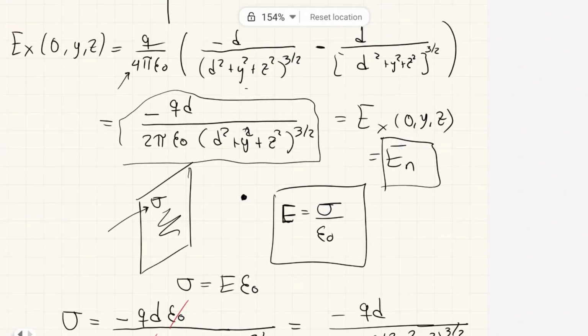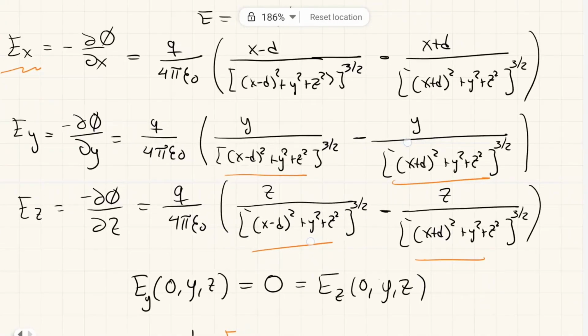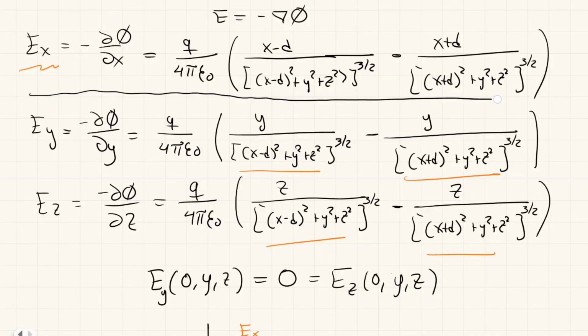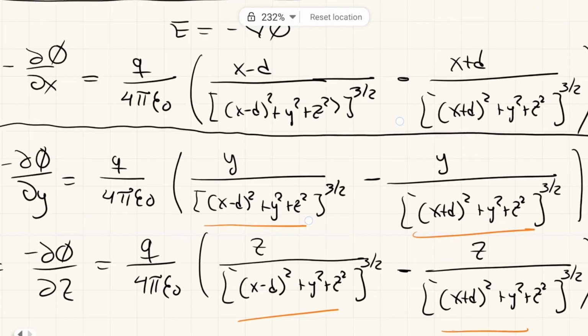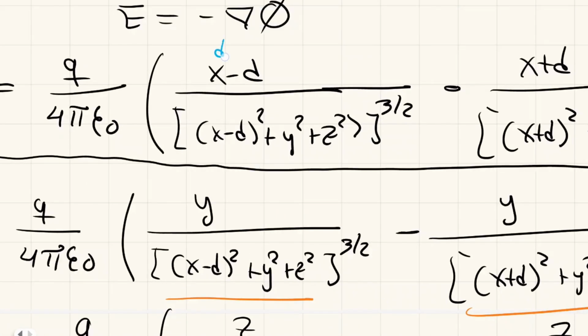Remember that the electric field at a distance x is this expression that we have here, but the charge Q is located at x equals d. So if x is equal to d, it's easy to notice that we are going to have d minus d, so this is going to be 0, so this term is going to cancel.